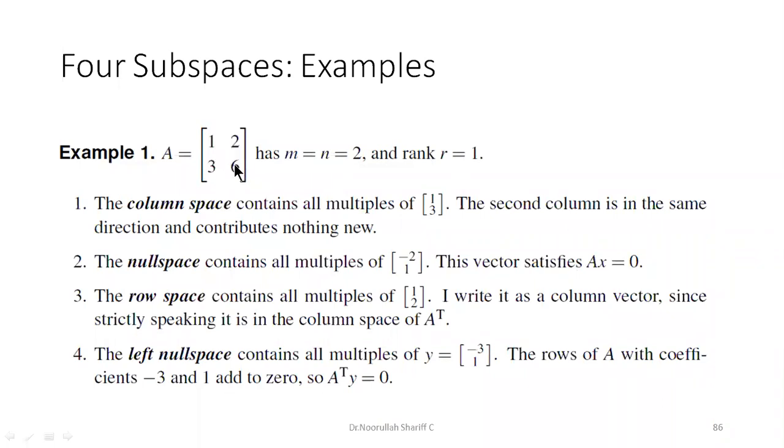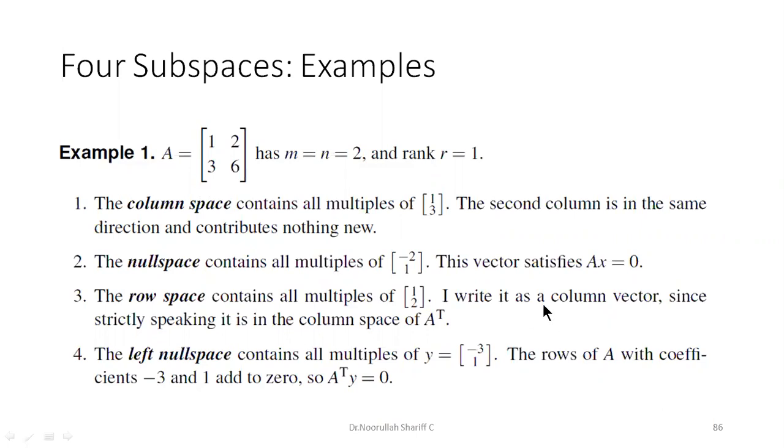Now if you do the reduction, 1, 2 will be the independent column and 3, 6 will be the dependent column for A transpose, and the row space will be the multiples of the independent column 1, 2.